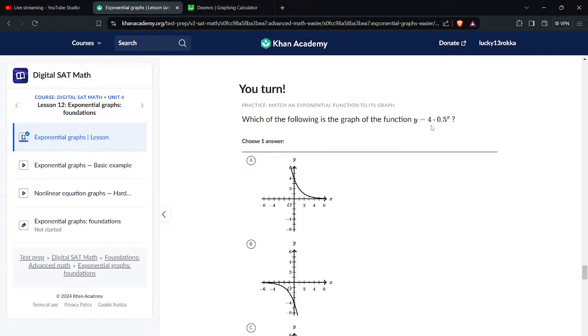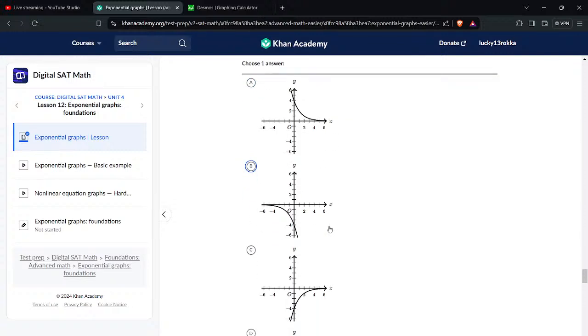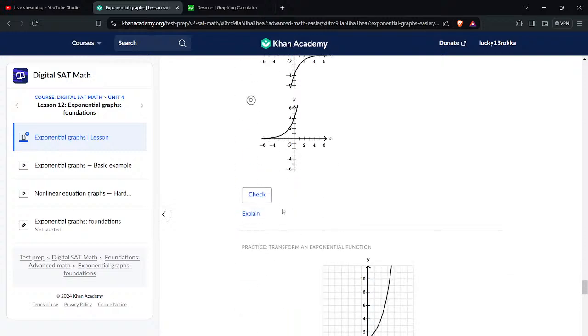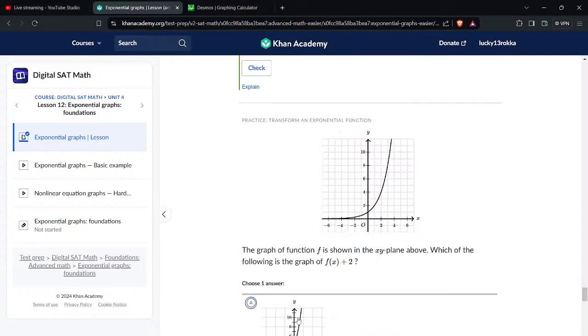The following is a graph of 4 times 0.5 to the x. So we have the y-intercept as 4. Now this base is less than 1, so it needs to have negative slope. Which is the graph of f of x plus 2?